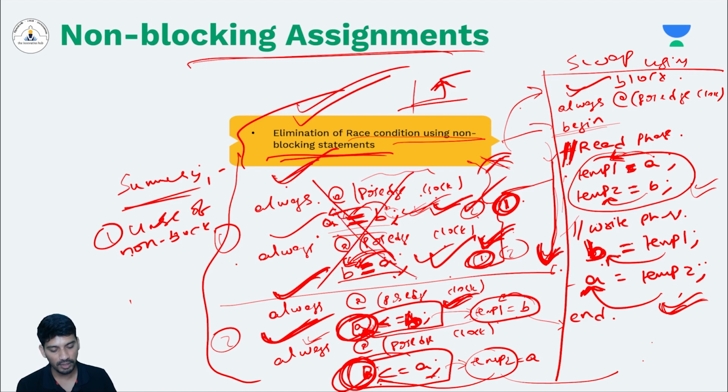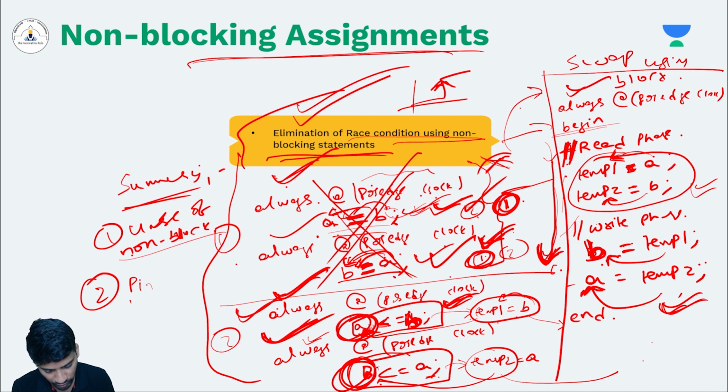So always prefer non-blocking statements inside the sequential blocks. And the second thing is, the purpose of non-blocking statements is you can use it for pipelining operations or modeling of several data types that are occurring concurrently. So that is the purpose of non-blocking statements.